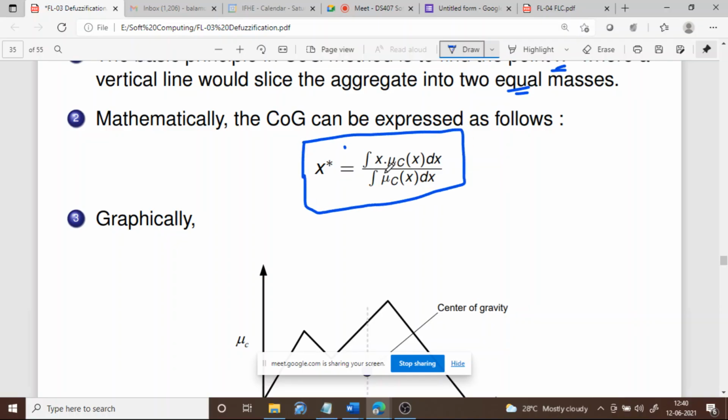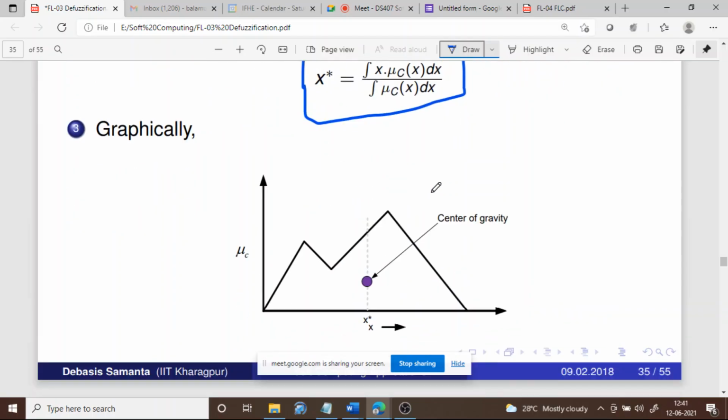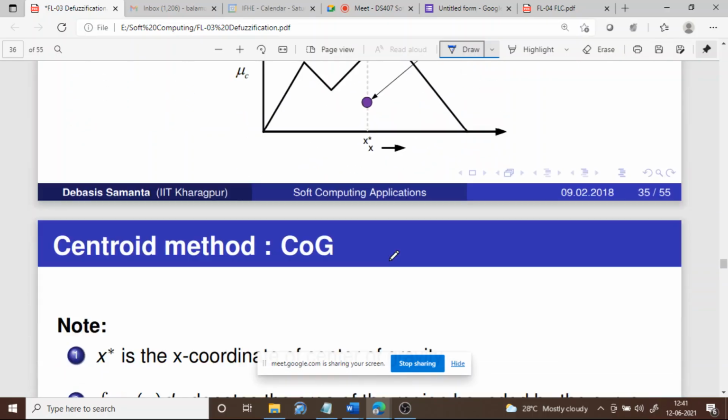In the numerator we have the integration of x into membership value of x dx, but in the denominator we only have membership value of x dx. Logically, given a membership function represented as a graph, we have to find a point x star such that when a vertical line is drawn, it will divide that graph into two equal parts.